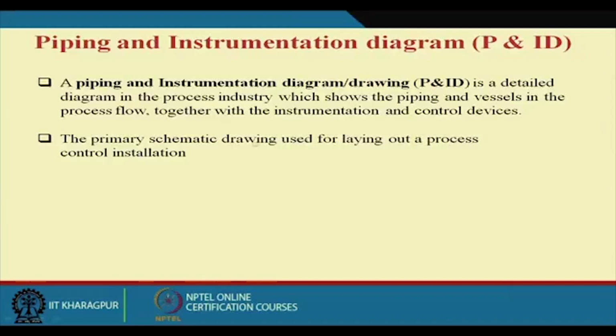There you can find out how the liquid is flowing from one end to the other, which valves are open, and which pumps are functioning, so all this information will be available. This is what we call the P&ID diagram.